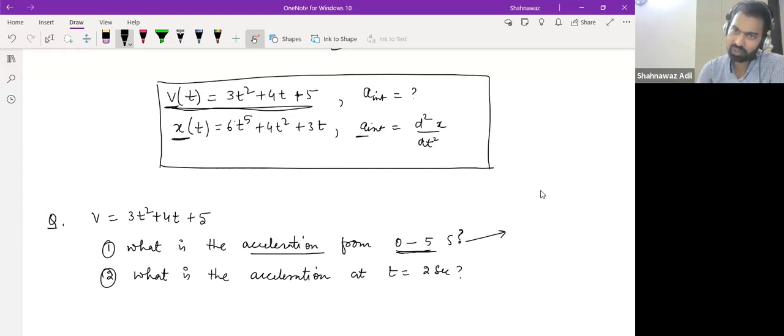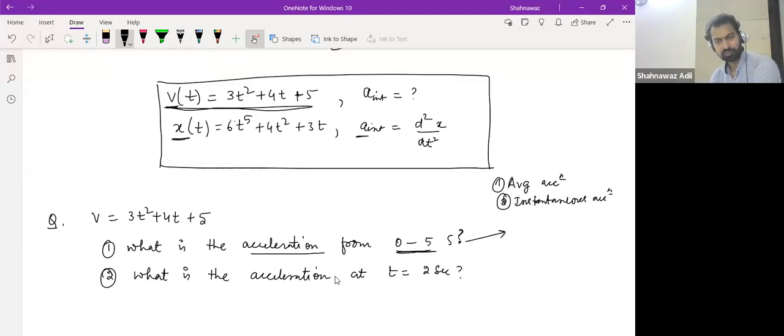We have two kinds of acceleration: average and instantaneous.